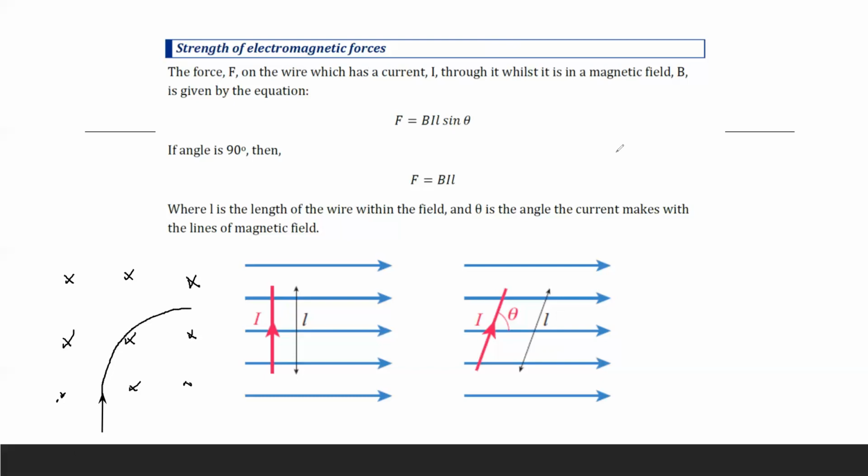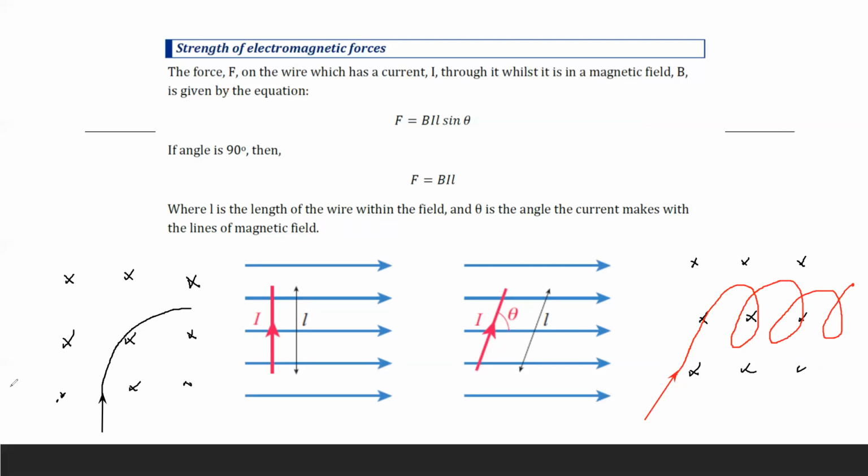But if it makes a certain angle when it enters the magnetic field, the velocity will have two components, horizontal and vertical. So it will be a spiral, meaning it will move in a circular path as well as move towards the right or left according to the component.